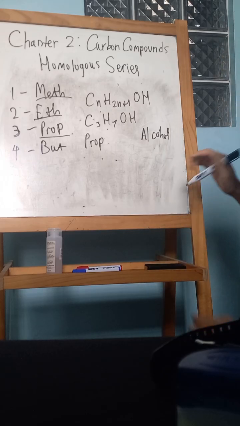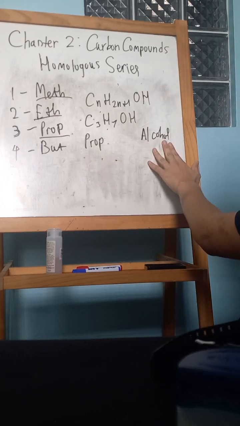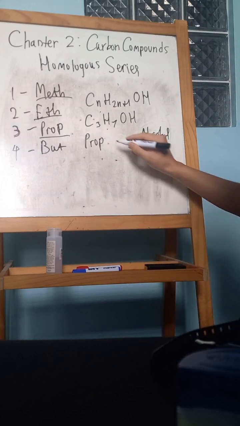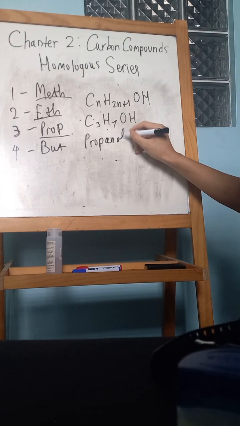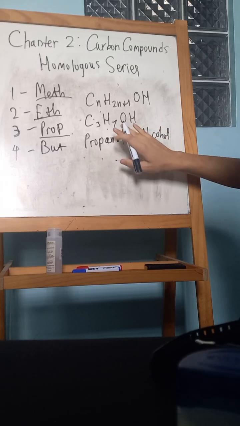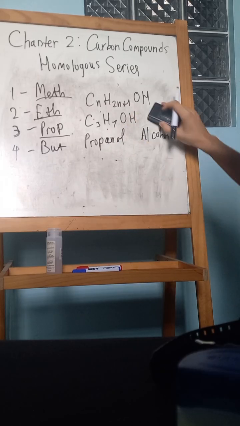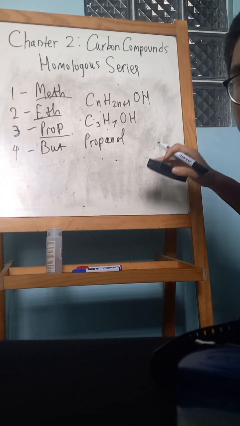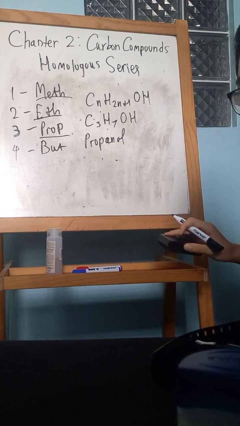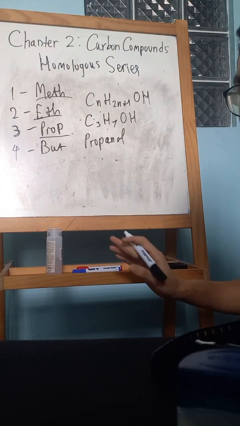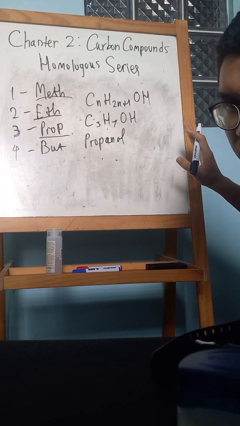Basically, you want to get the end of the word here, but add anol, so it's going to be propanol. So this is propanol. Same with ethanol, same with methanol and butanol. So yeah, there's always an anol at the end for alcohols.